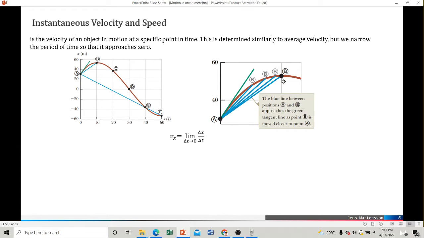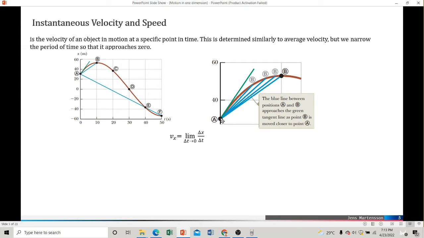We know that as we move closer at this A to B, no. Kaning B is as we move closer towards A. So we know that mo approach iyang delta t, this one is position, and this one is the time.